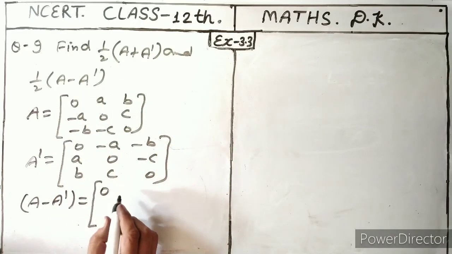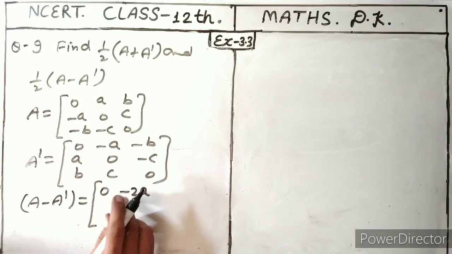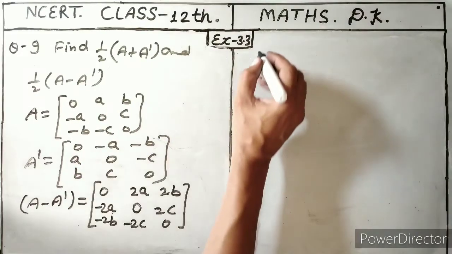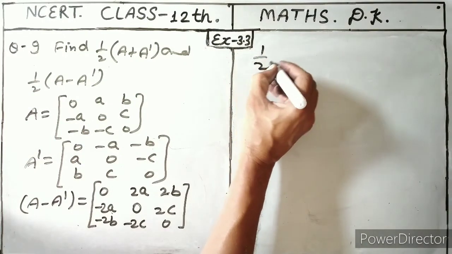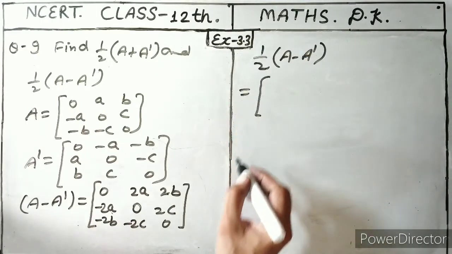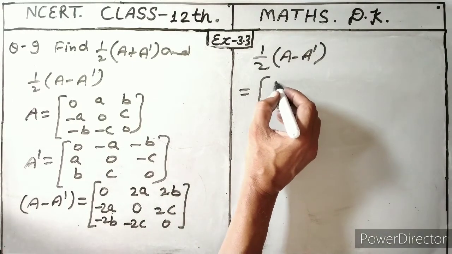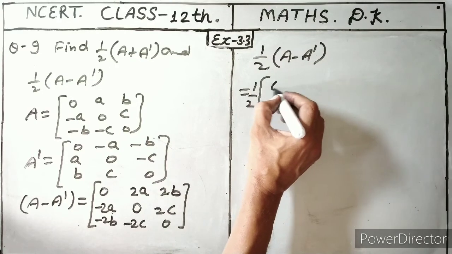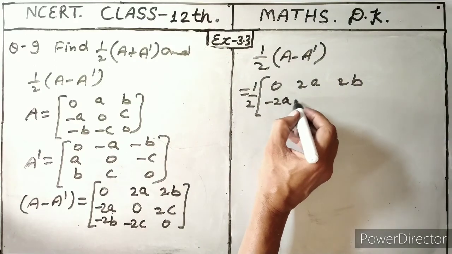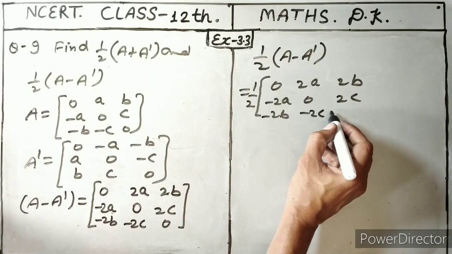A minus A transpose, this is A and this is A transpose: 0, a minus minus a is 2a. This is 2a, and we find 1/2 of A minus A transpose. It means we divide this matrix by 2, which is 1/2 of 0 2a 2b minus 2a 0 2c minus 2b minus 2c 0.